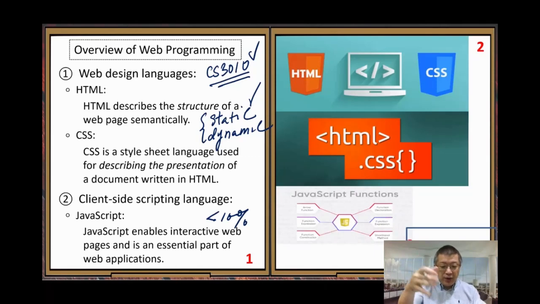So those are these three basic client side languages. For HTML and CSS, we do not call them programming languages, because they do not have the typical constructs of a programming language. We can call them languages for data presentation or authoring.